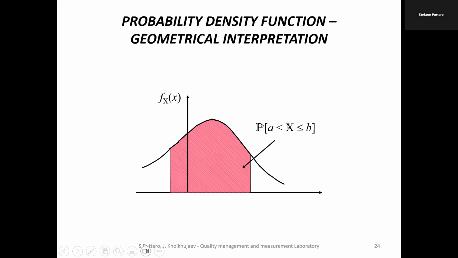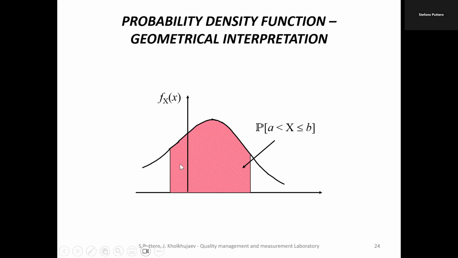But let's see some examples with the geometrical interpretation, because it is easier to understand the concept graphically. As you can see from the slide, in continuous random variables, as already mentioned, the probability is defined as the area under the curve defined by the probability density function itself.